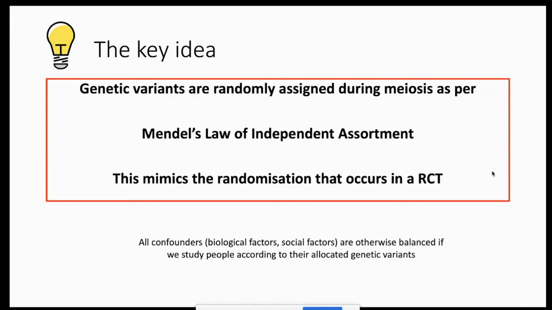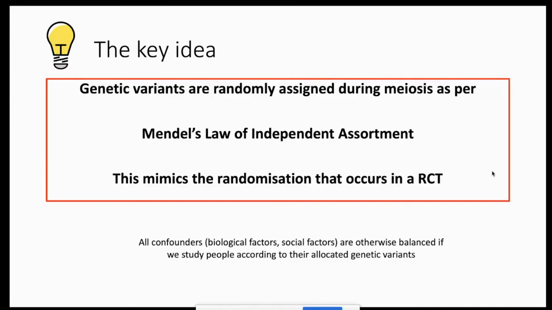So if we study people according to the genetic variant they have, all the other confounding factors, biological and social, are otherwise balanced. We can use genetic variants as a tool to explore exposures and outcomes and account for some of these confounding factors.